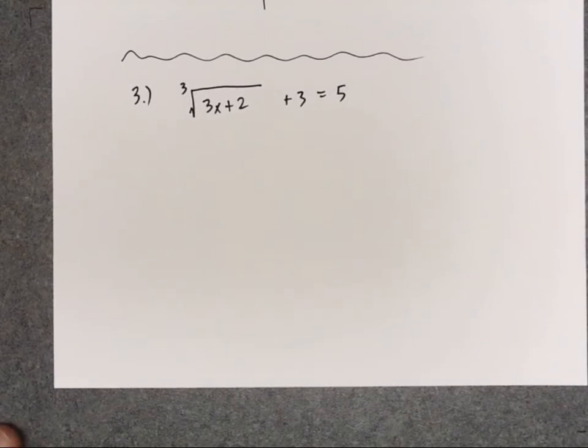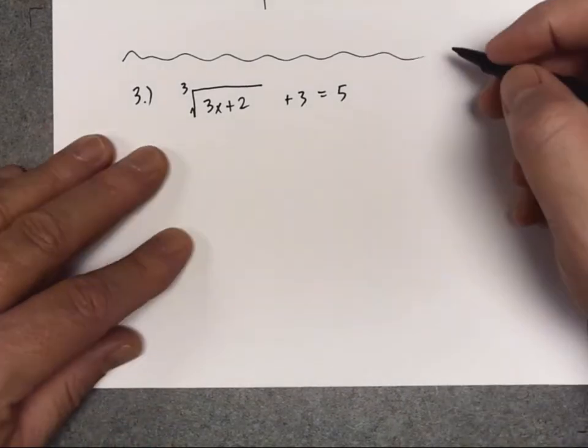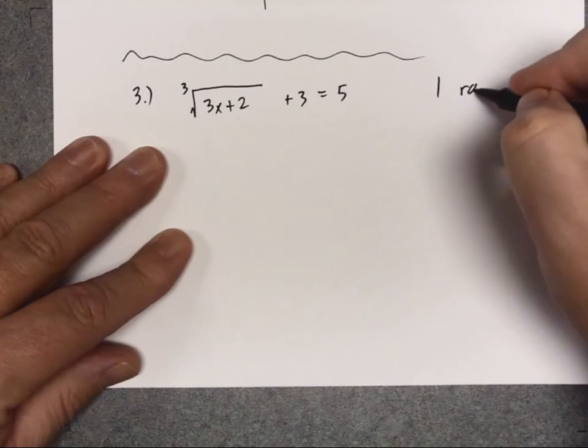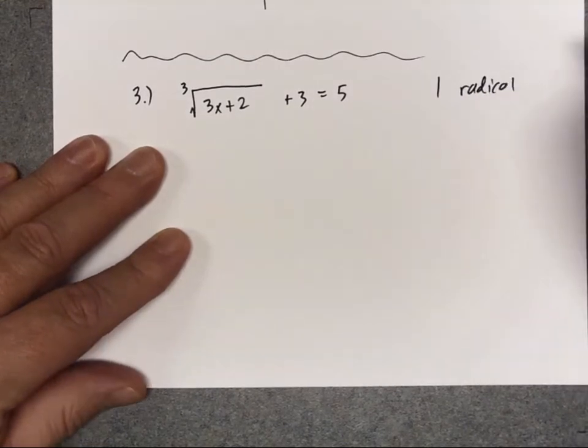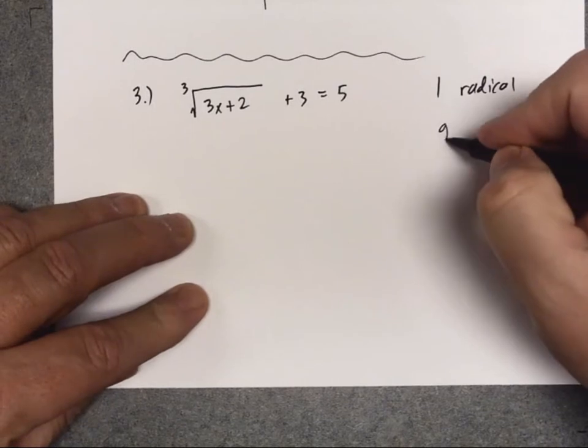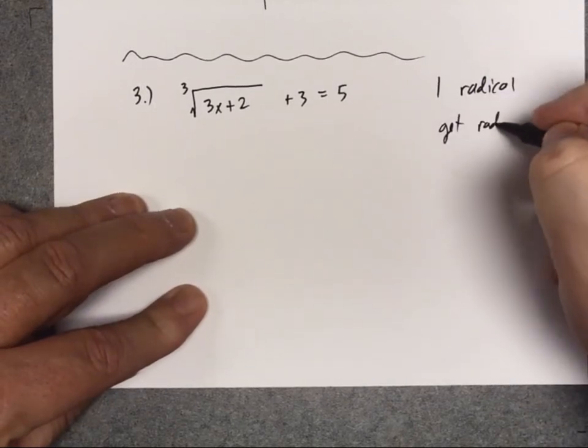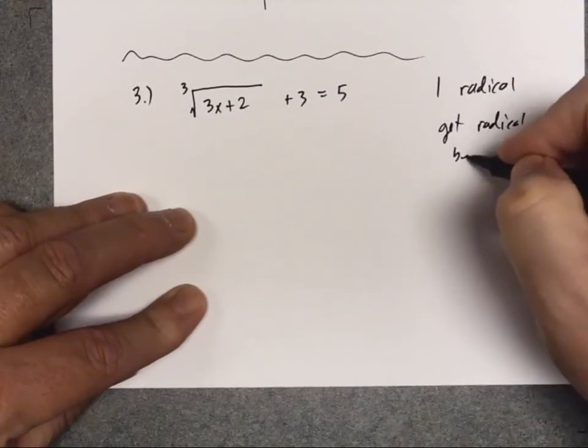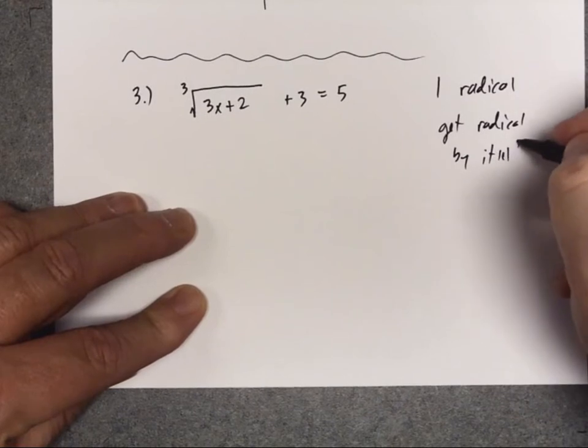So here's an equation. Now the key is, this is an equation with one radical. I think in a little bit we're going to have another problem where the equation starts out with 2 radicals. But when you have one radical, the way you solve it is you get the radical by itself.